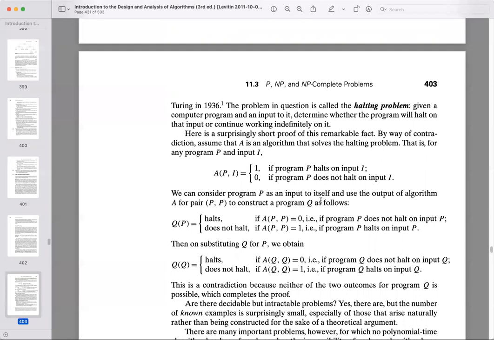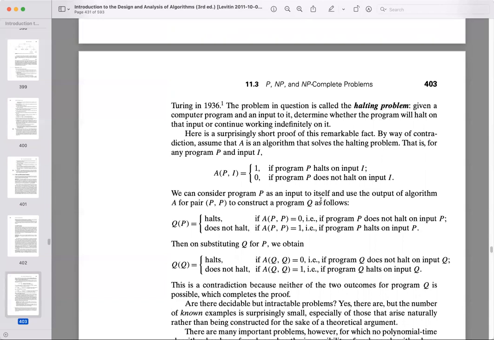Now we're going to do something very similar, if you've studied much mathematics, to what Bertrand Russell did in Russell's paradox. We're going to consider a program P as an input to itself, and we're going to use the output of the algorithm A for the pair P, P to construct the following program, Q.